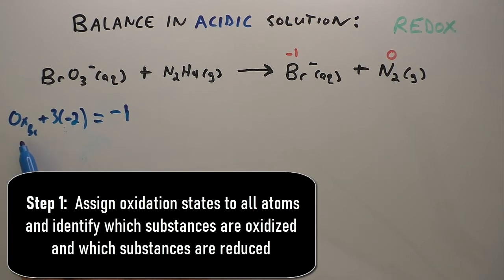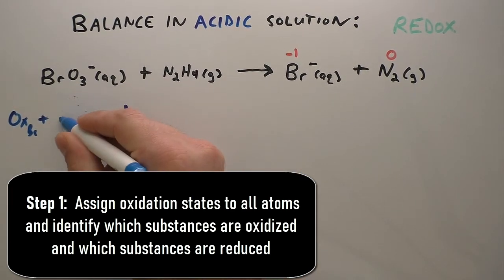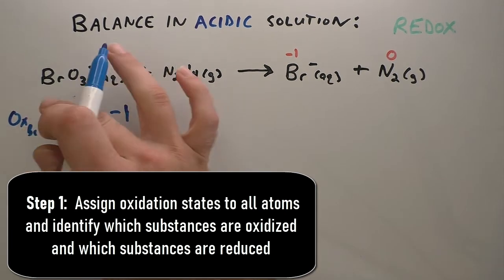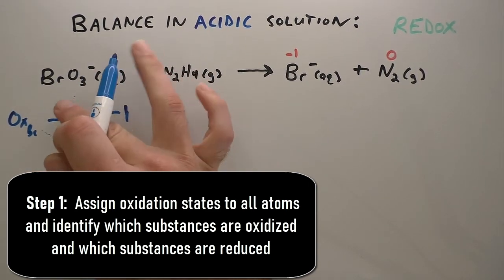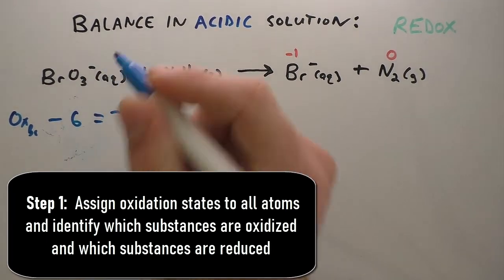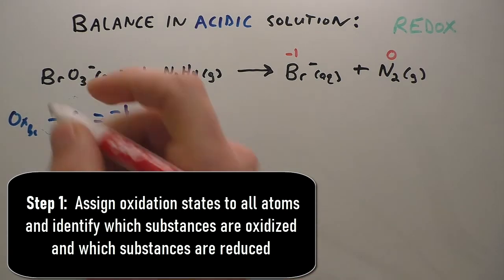We have the oxidation state of bromine plus 3 times -2 is equal to -1. 3 times -2 is simply -6. So the oxidation state of bromine minus 6 is equal to -1. By simply adding 6 to both sides of this equation, we get that the oxidation state of bromine is +5.